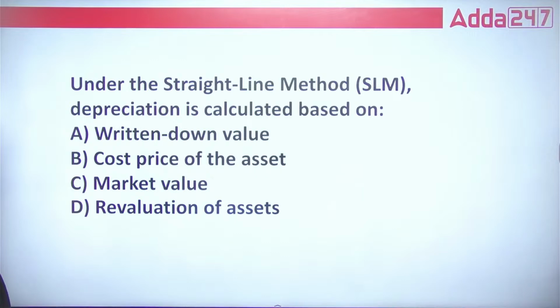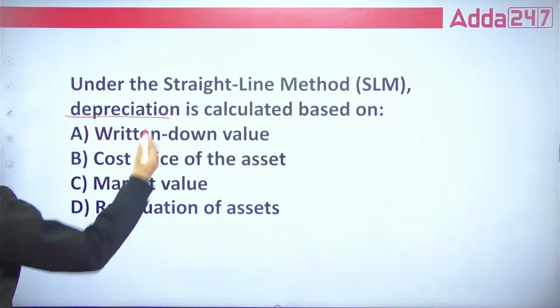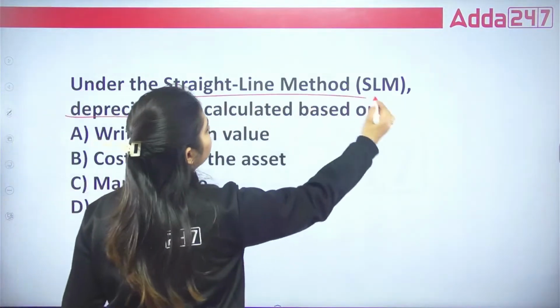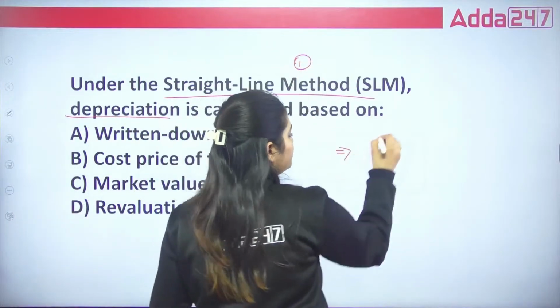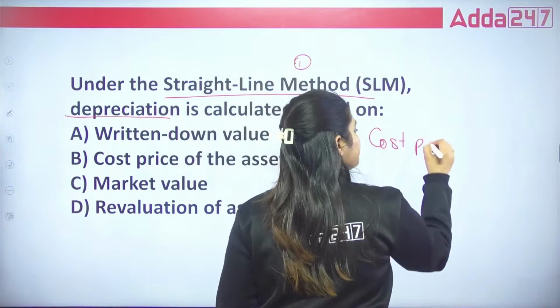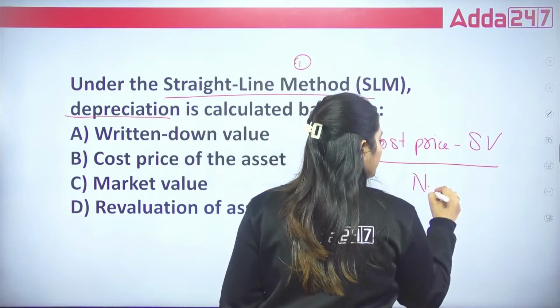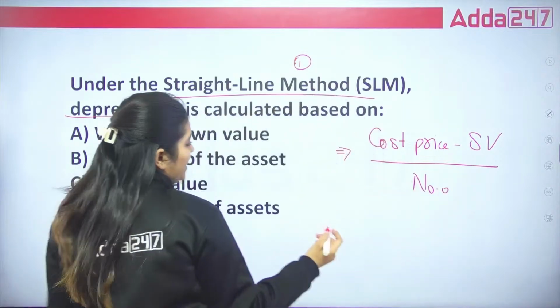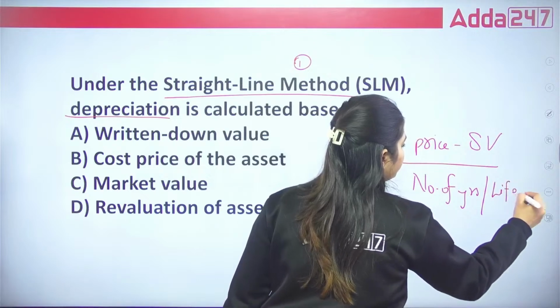Tell me. This is the first method that you use, and under this method you use the formula: cost price minus scrap value divided by number of years, or you can say life.